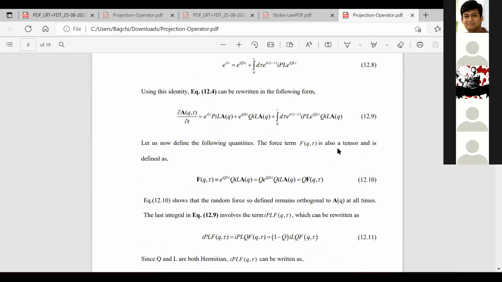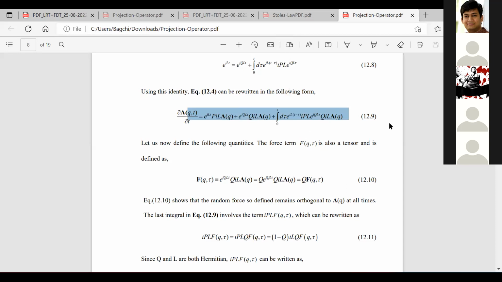And then in 12.9, you look into the character of the two terms, and you can find that the middle term has only Q, because L has both P and Q, but then you project it on Q, and then you have already separated out that by the exponential e to the iQLt. So this becomes a random force term.